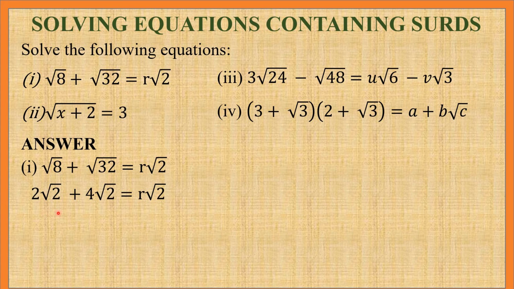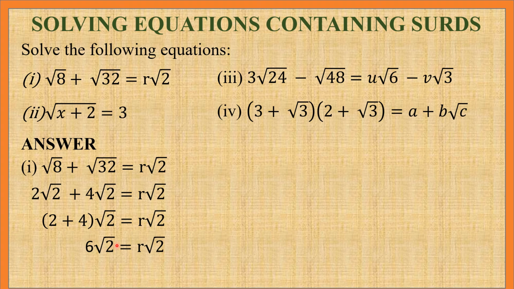So the left hand side, adding them, we just pick one of the square root signs, then we add the terms in front of the square root sign. So we have 2 plus 4, then we pick root of 2. It should be equal to r root of 2. And 2 plus 4 gives us 6 root of 2, then equal to r root of 2.